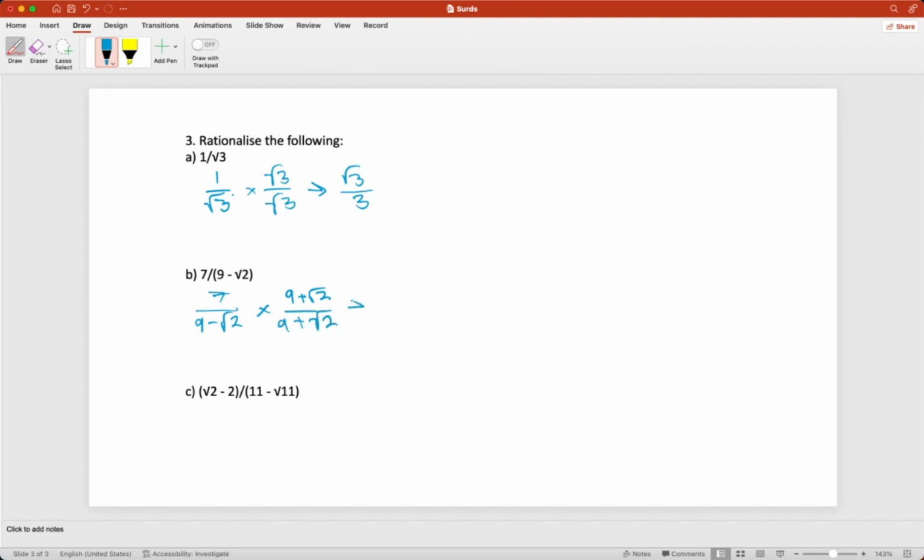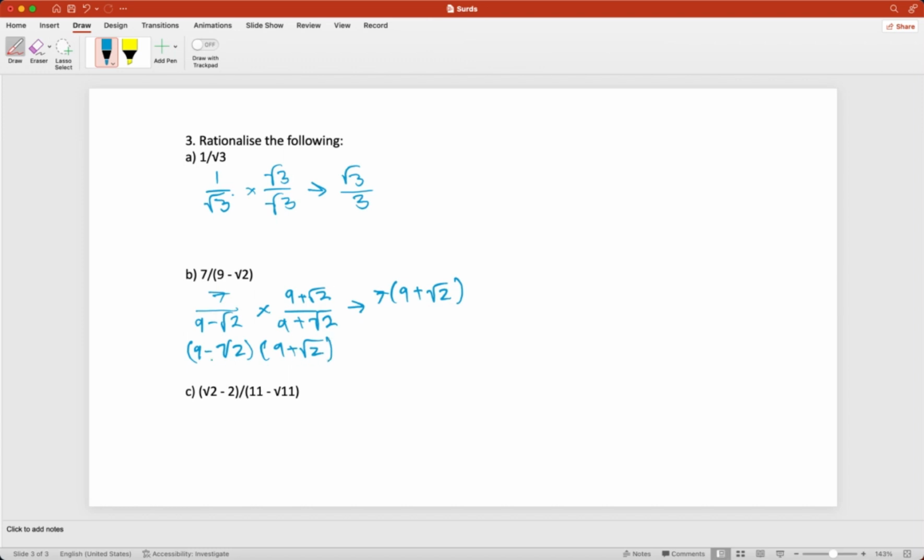That will give you 9 plus square root 2, and then you just multiply it like this. 9 minus 2, and then 9 plus 2.